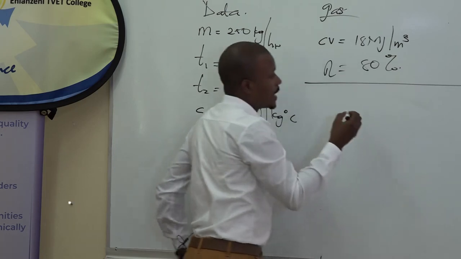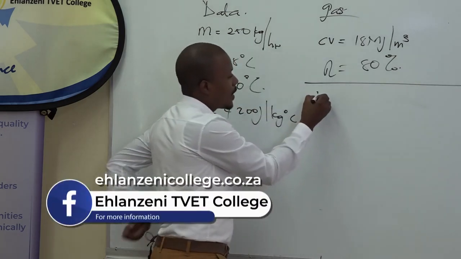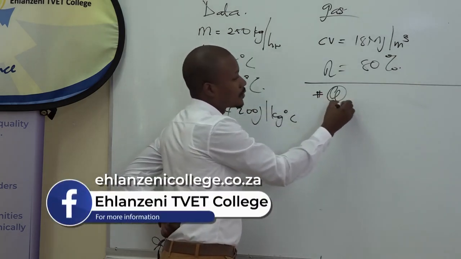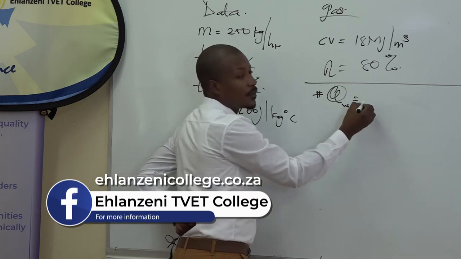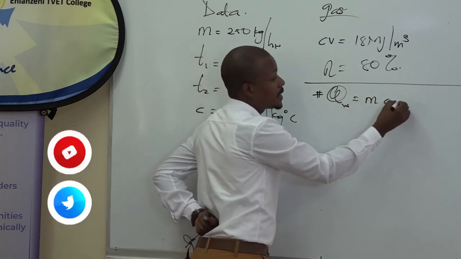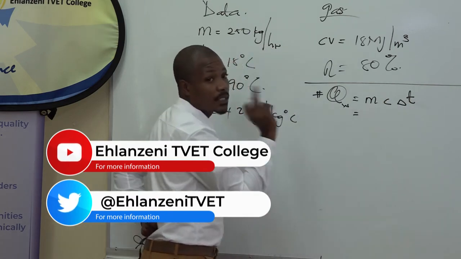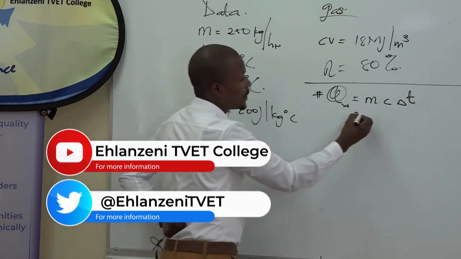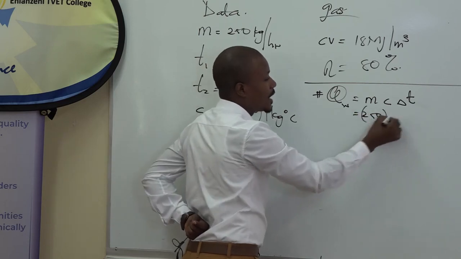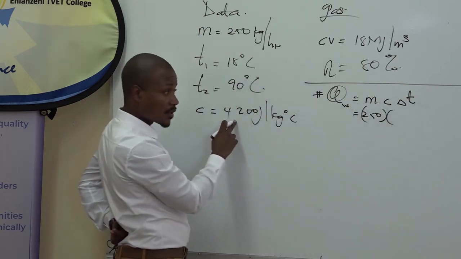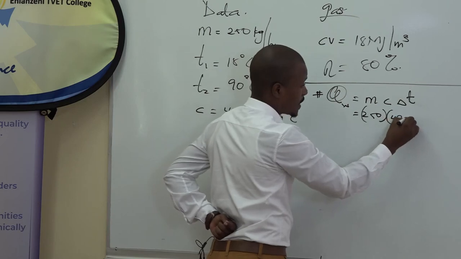Let me do that. The energy absorbed by the water per hour, Q of water, is given by mc change in T. What is the mass of water per hour? 250. The specific heat capacity is 4,200.